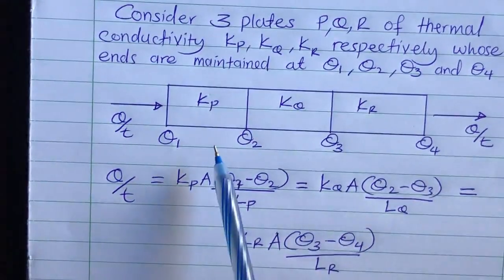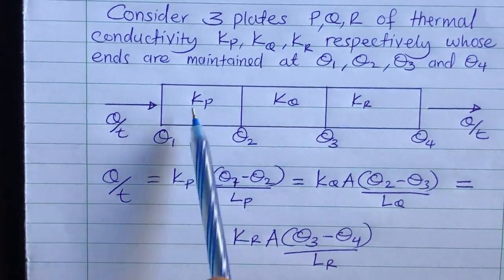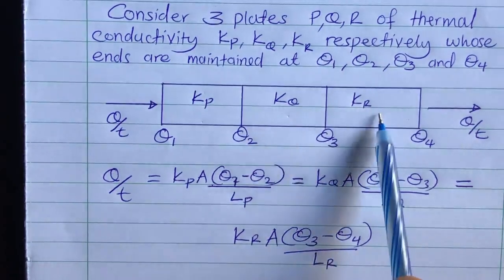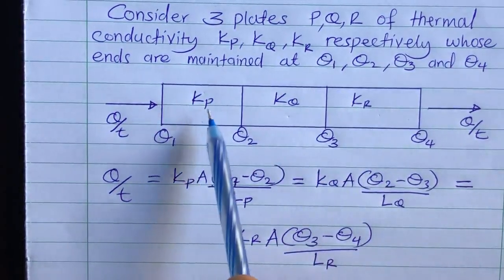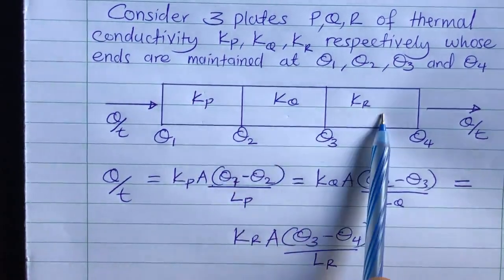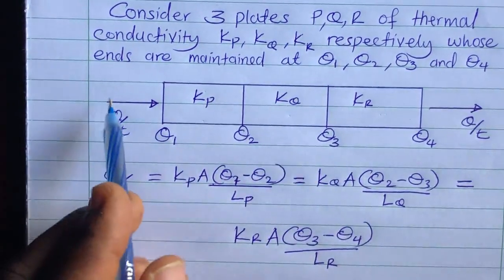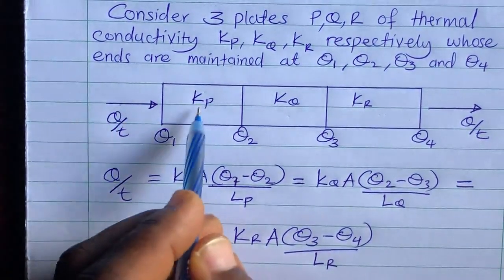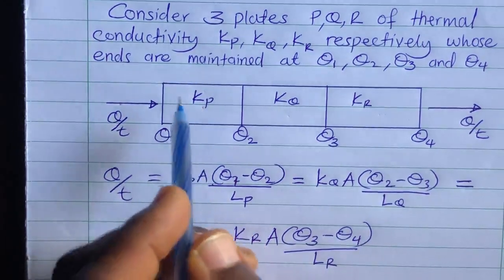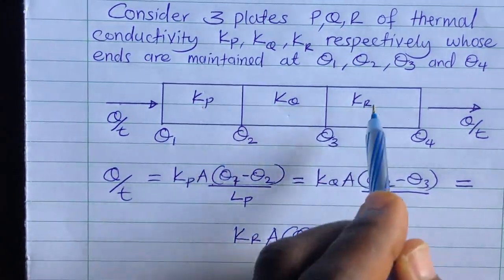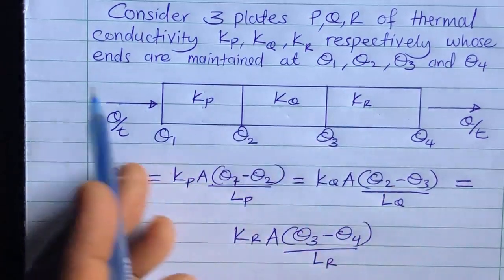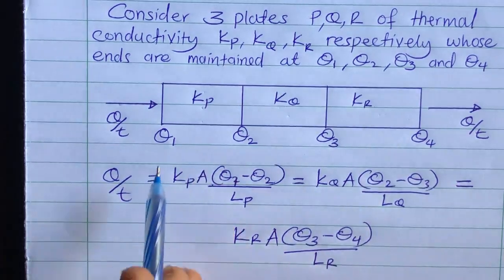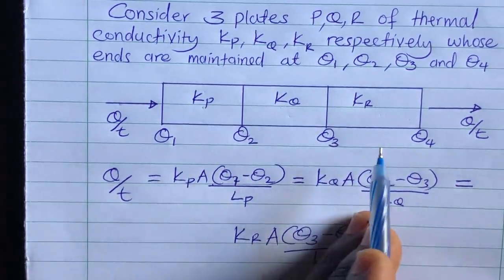This is our illustration for that, where this is plate P, plate Q, plate R. They are arranged in a line one after the other. And when heat is entering, coming from one side, it first goes through the first plate, enters the next plate, and the last plate like that. So it does not go through the plates at once. That way, we shall have what we call the series arrangement.